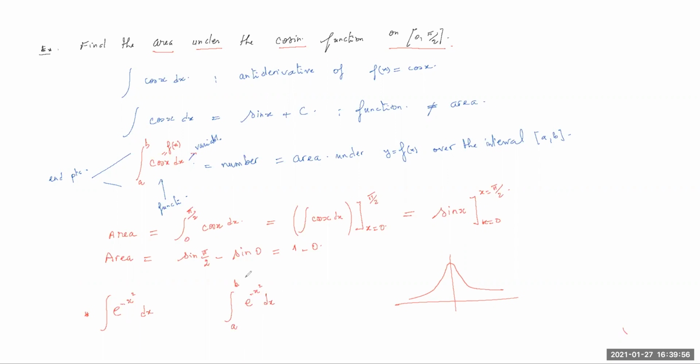But the computation of the number is done differently. It's not through finding an antiderivative, but by another method. So this is why it is important to know how to compute antiderivatives, because it solves many situations, many problems.